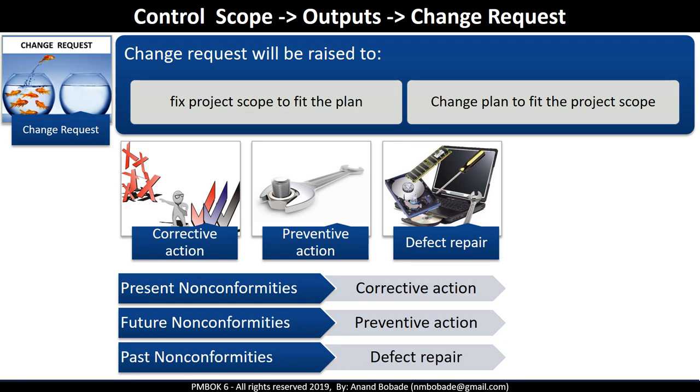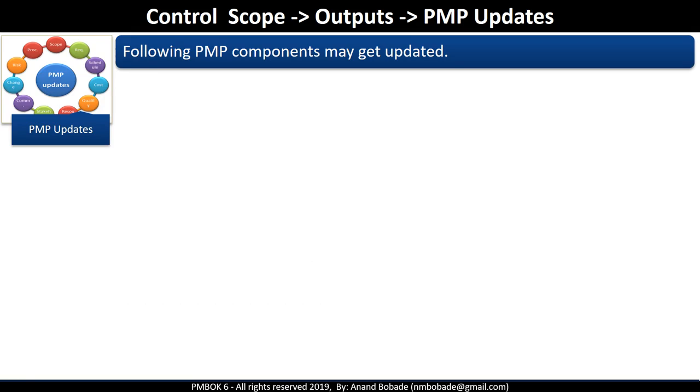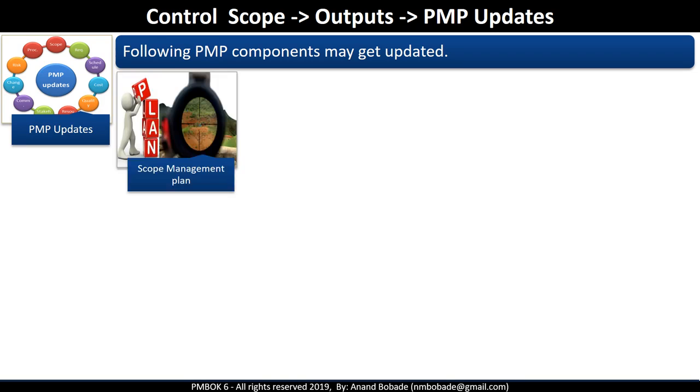If a variance from plan already occurred, it means past non-conformities, then project manager needs to make a defect repair to make sure that the variance is repaired and the project scope can continue as planned. Project management plan updates. So various plans can get updated as a result, starting with scope management plan.